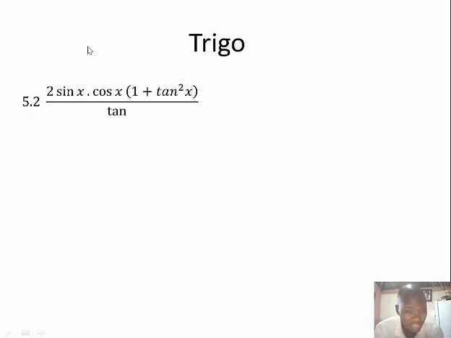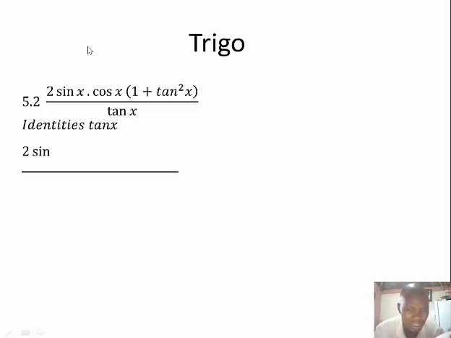Now all this is over tan x. So your identities for tan squared x will be your starting point. You rewrite the 2 sine x by cos x, like we said. You deal with that tan squared x, which will be your sine squared x over cos squared x. So there you write it down, sine squared x over cos squared x.